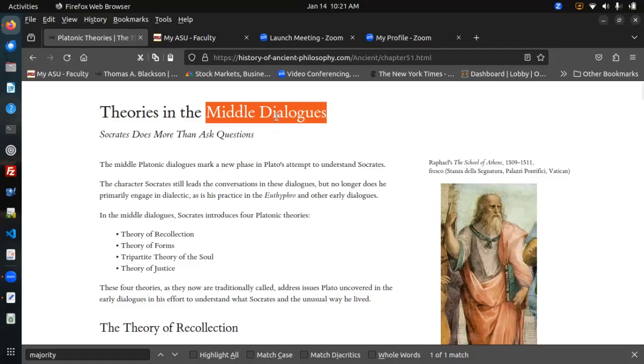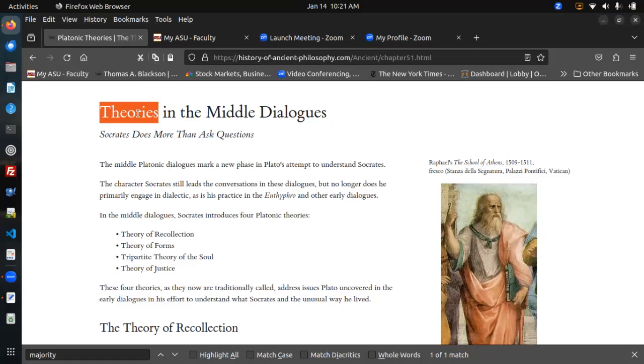The middle dialogues are characterized by these Platonic theories: the theory of recollection, the theory of forms, which I'll talk about next time, the tripartite theory of the soul, and eventually we'll get to the theory of justice. But the Meno also represents Socrates in a search for definition.